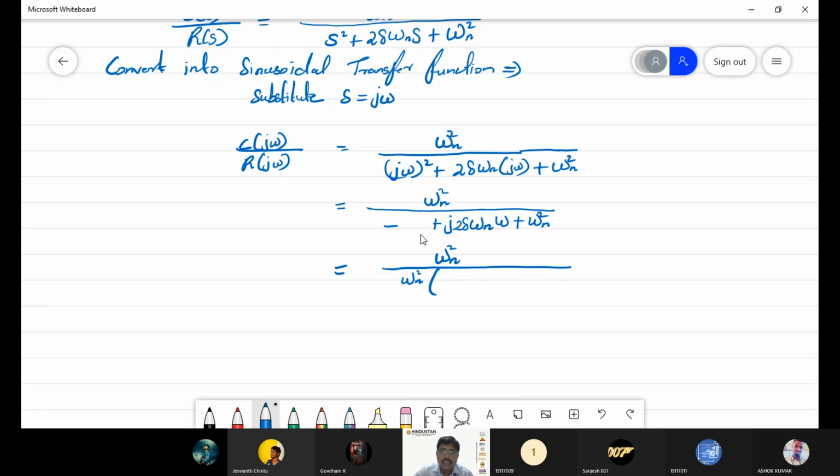So here, minus j omega whole square will not become omega n, it is omega square only. Now I am taking the omega n square outside.